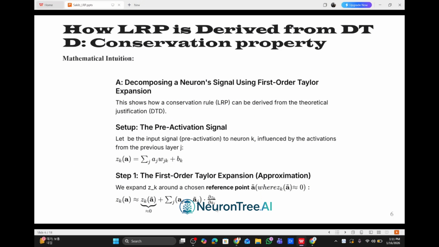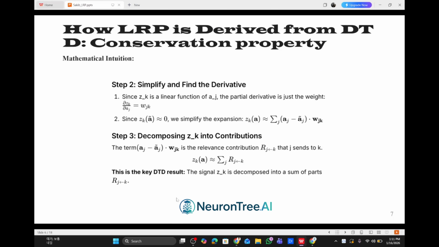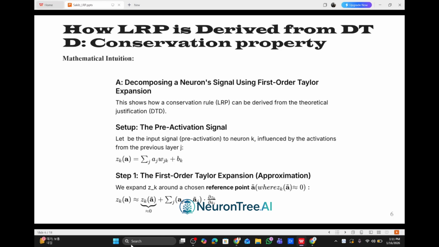And if we take the derivative with respect to aj for this whole part, we only get wjk, because with respect to aj this is going to be 1, this is going to be 0, we get only wjk, and here this term is 0. So finally we get aj wjk. So we can easily find this equation from here. Now, as I mentioned, we can get the derivative result like this, as we already saw here.